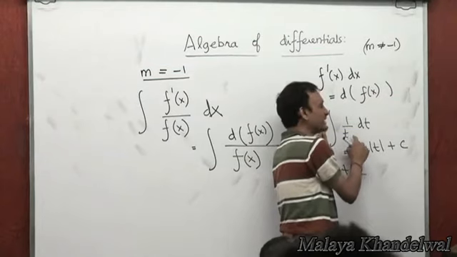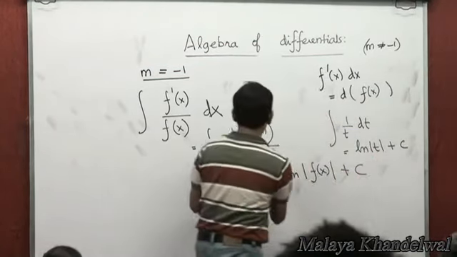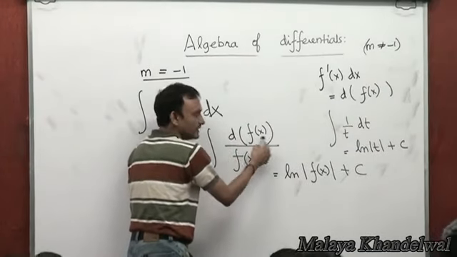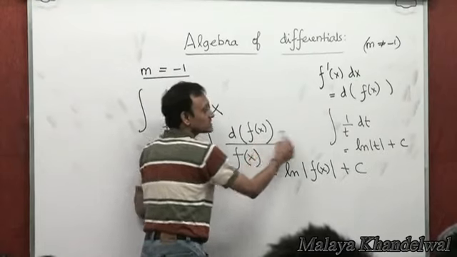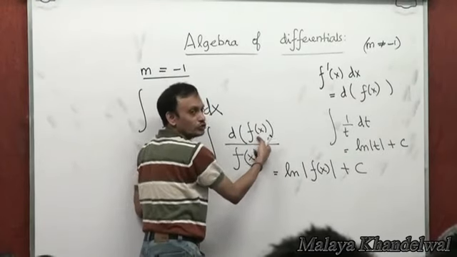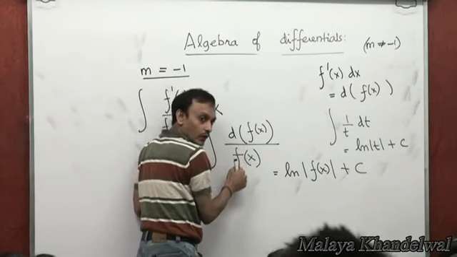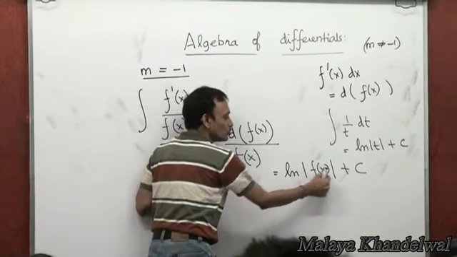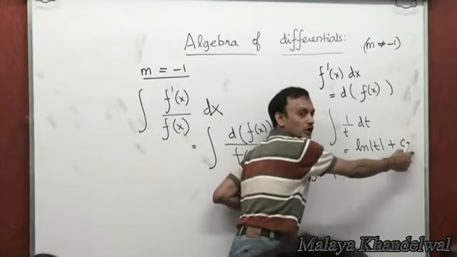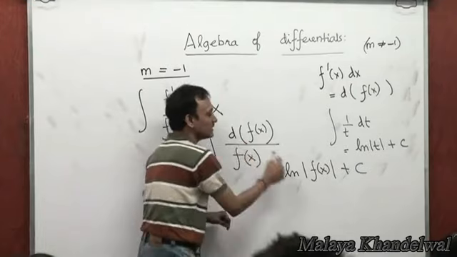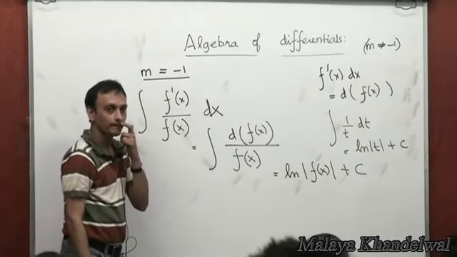This is the result. 1 by t dt is log mod t plus c. Is this not of the same form? 1 by t dt, where t here is f x. Instead of t, you have a f x here. So 1 by t dt is log mod t plus c, right?